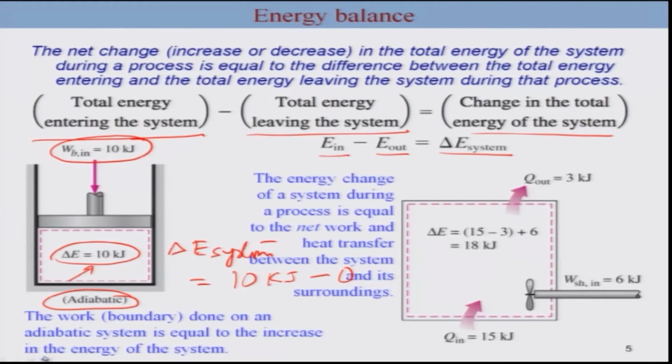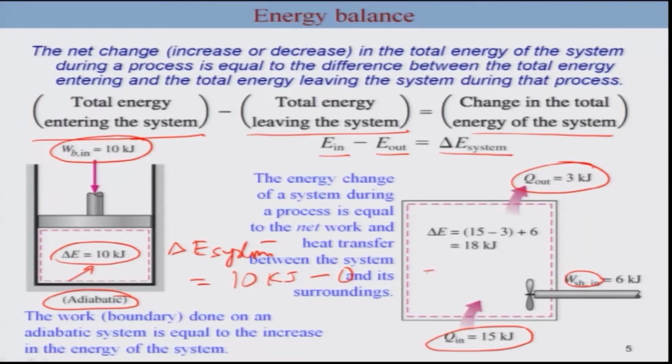You can do the same thing in a little more complicated case where work is also included. Here you have a shaft in, work due to shaft in means you are doing work on the system, and then you have a Q in as well as Q out. Now what is the delta E system, the change in the system?